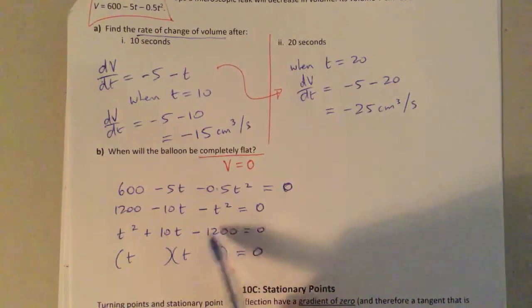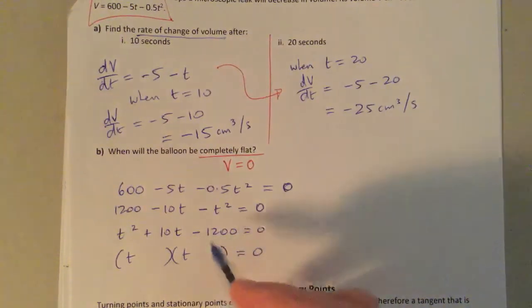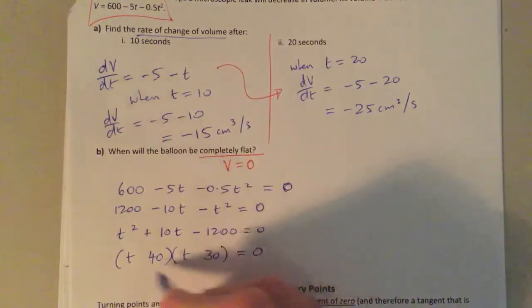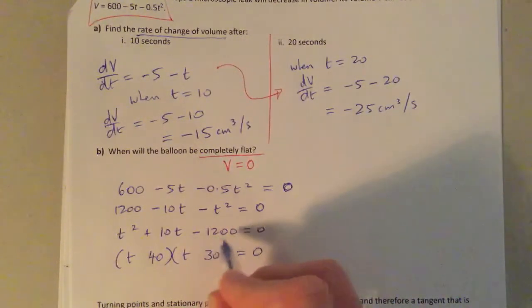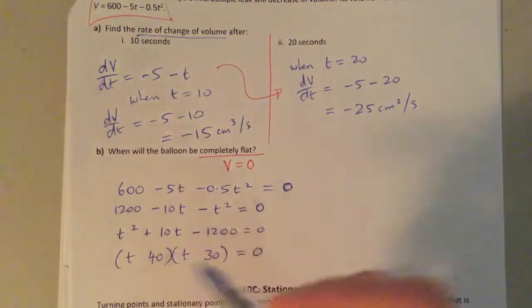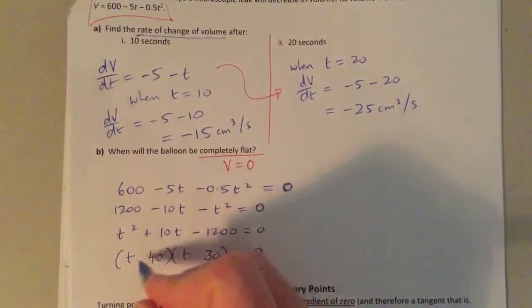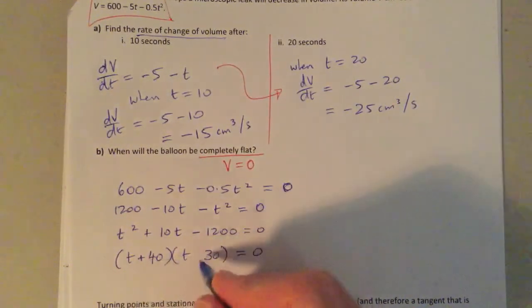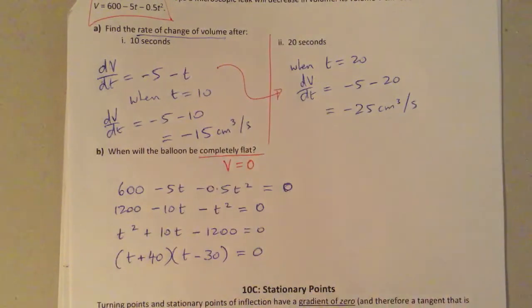When I think of factors of 12, I think of 6 and 2, and I think of 4 and 3, and hang on a second, 4 and 3, if I make them 40 and 30, well, 40 times 30 is going to give me a product of 1200. They're 10 apart, so I think I should be able to get this to work. If I want the sum to be plus 10, then I need a plus 40 and a -30, and we've actually factorized it even though it looked really bad.